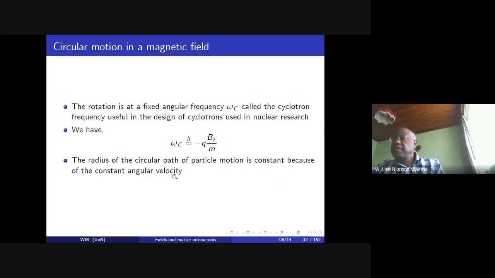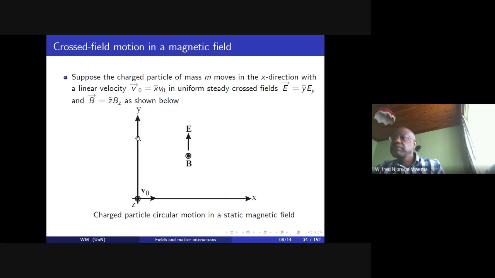So the radius of the circular path of particle motion is constant because the angular velocity is constant. Now suppose a charged particle of mass m is moving in the x direction with a linear velocity v = x̂ v0 in uniform, steady, crossed fields E = ŷ E_y and B = ẑ B_z.